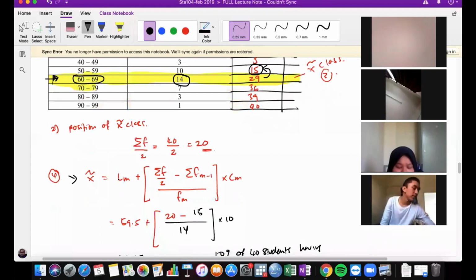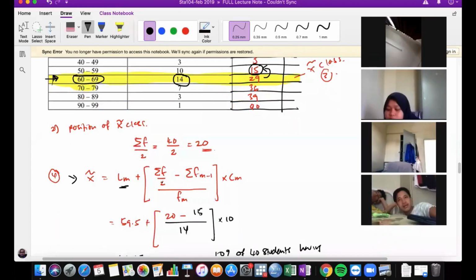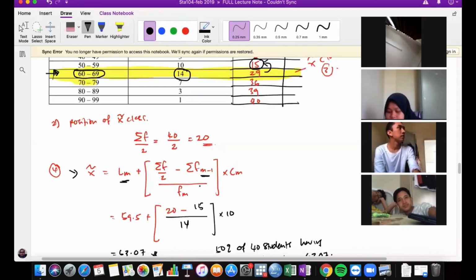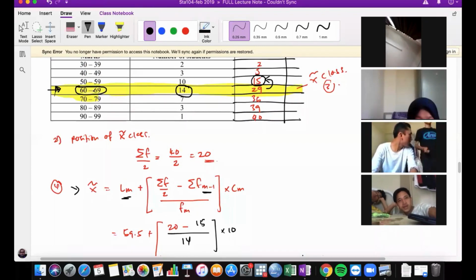If we have a class size, then we need to use this formula to find the median. The formula is lower class boundary of the median class plus summation of F divided by 2, which is your position of median, minus summation of F m minus 1, the cumulative frequency before the median class, divided by Fm, the frequency of the median class, multiplied by CM, the class size of the median class.